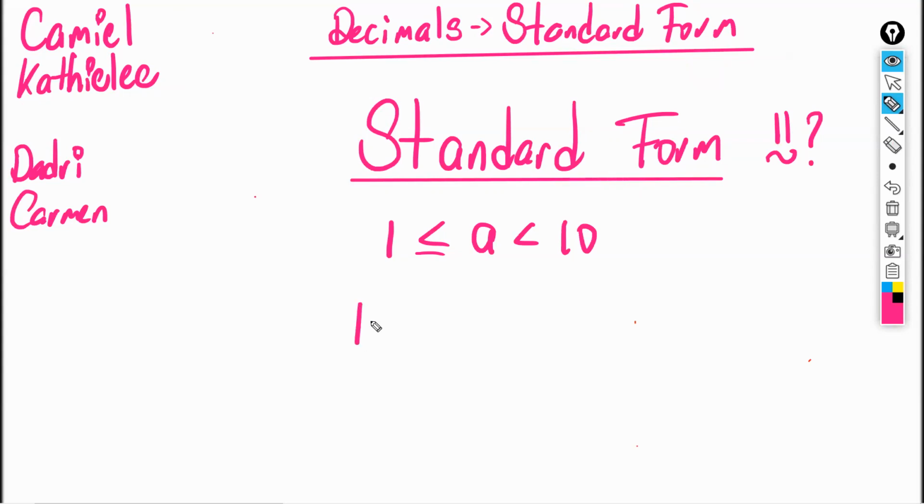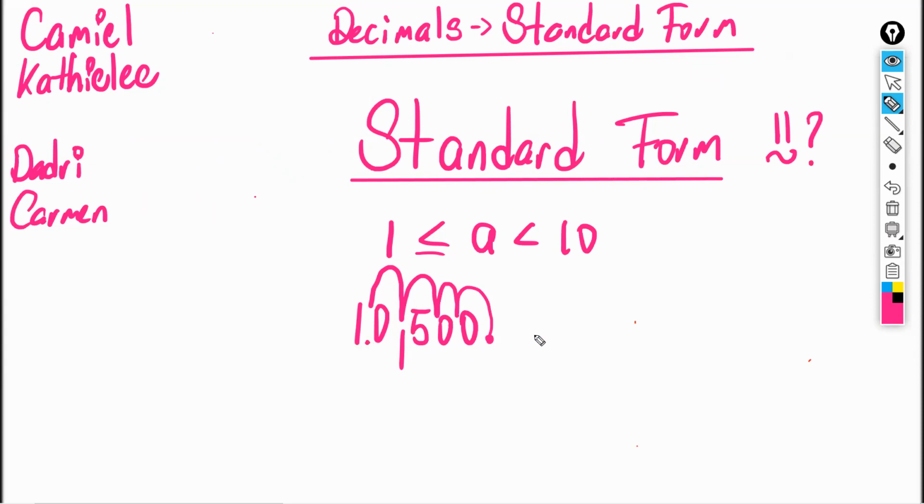Let's say I have $10,500. Suppose I want to put this in standard form. Remember, this is 10,500, but I need to put it between 1 and 10. How do I do that? I have to move the decimal place 1, 2, 3, 4 spaces to the left.